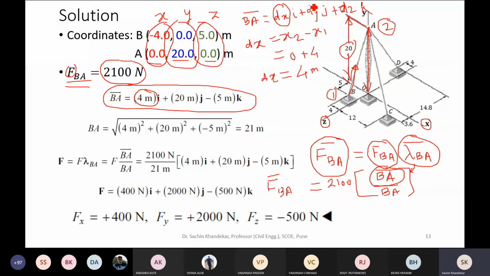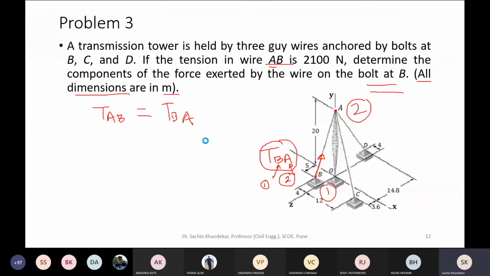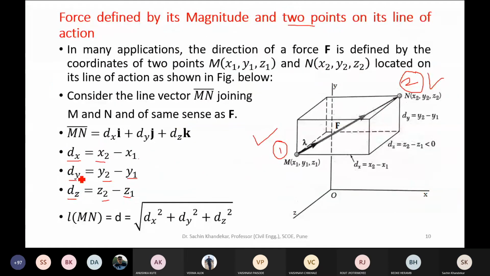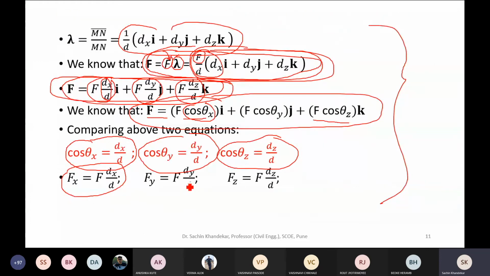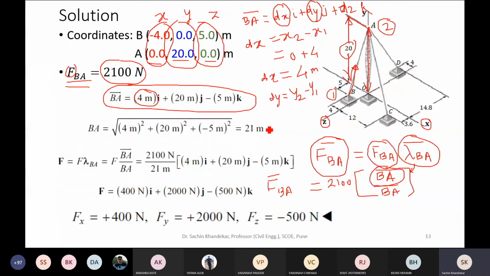Now, let us find this dy. Dy is y2 minus y1, and dz is z2 minus z1, as we have already discussed, and this is clear from linear algebra. Y2 means the y coordinate of the second point, and y1 is the y coordinate of the first point.